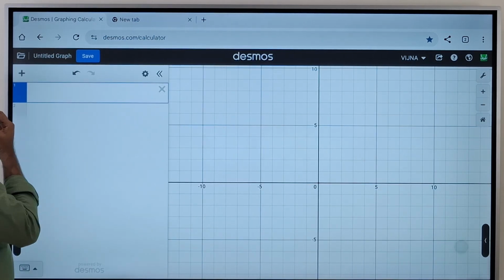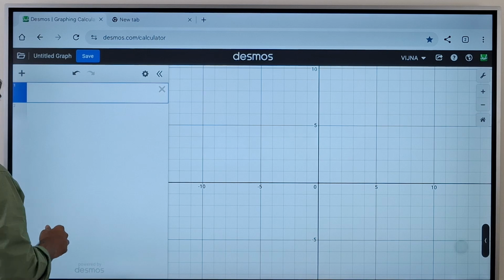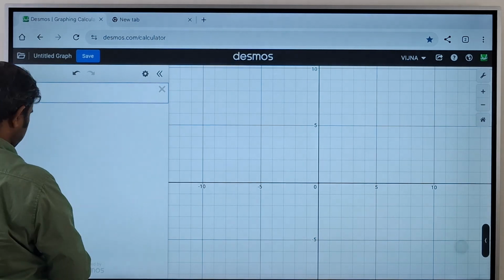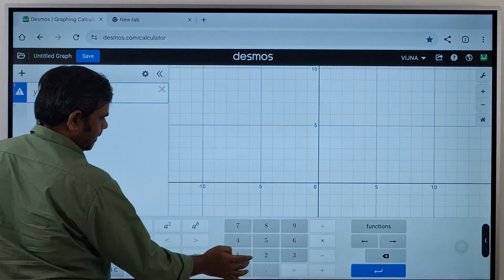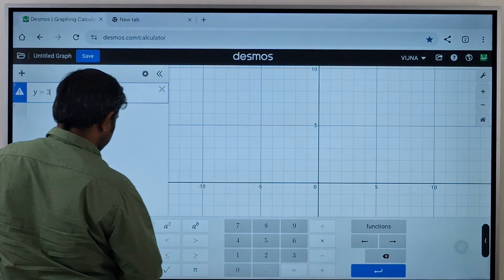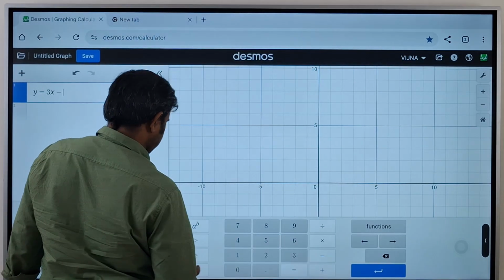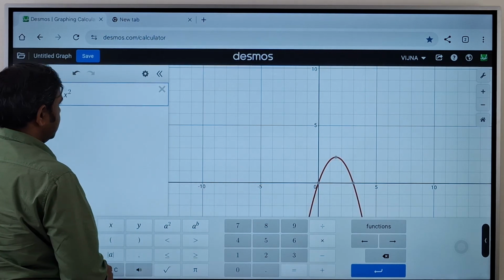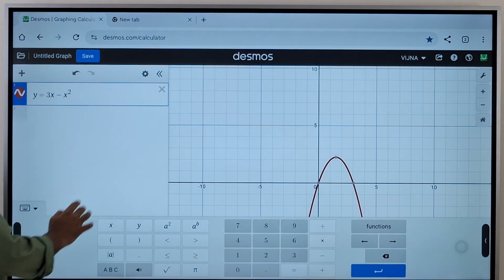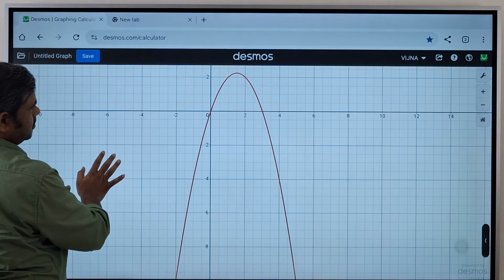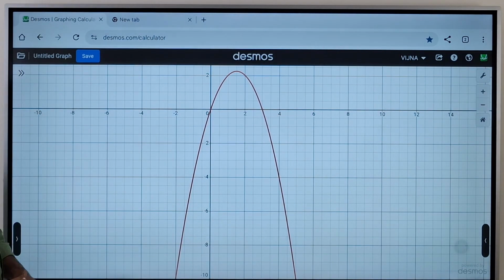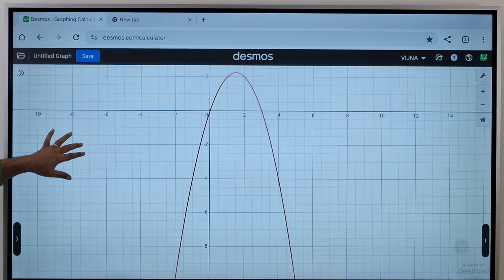Let's look at the function we have taken just now. y is equal to 3x minus x square graph. Look at the graph. Look at this graph here.